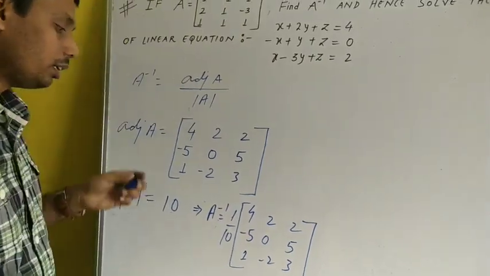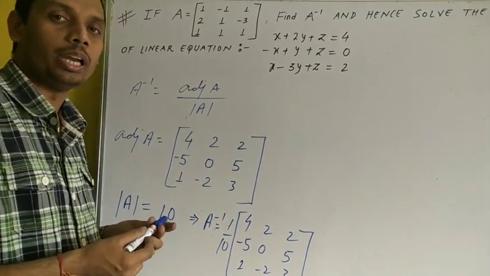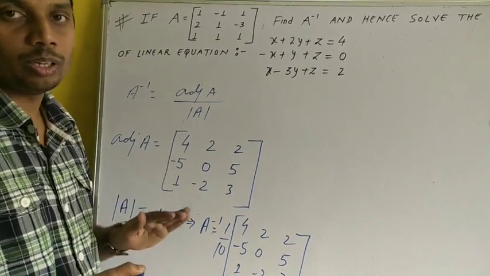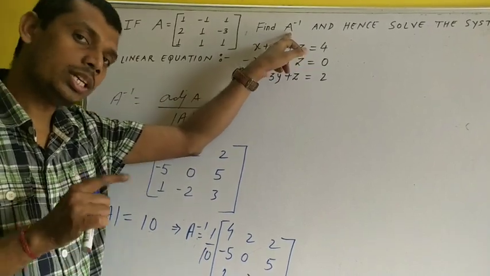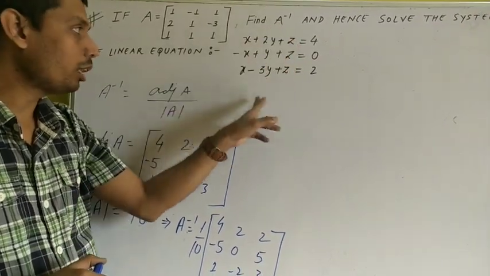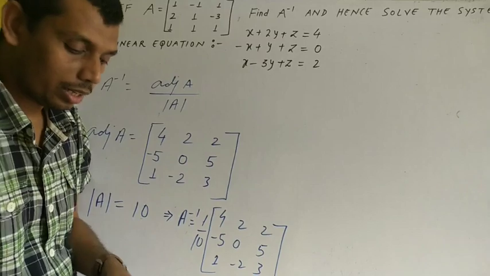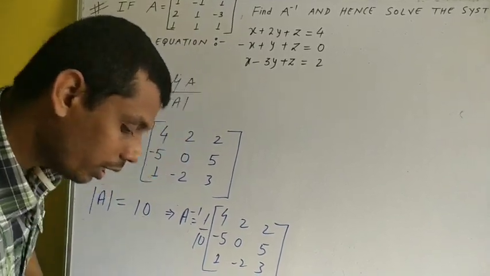So we have determined the value of A inverse. As per the question, we need to determine A inverse, and using this A inverse, we have to determine the values of x, y and z. That is, we have to solve this system of equations.